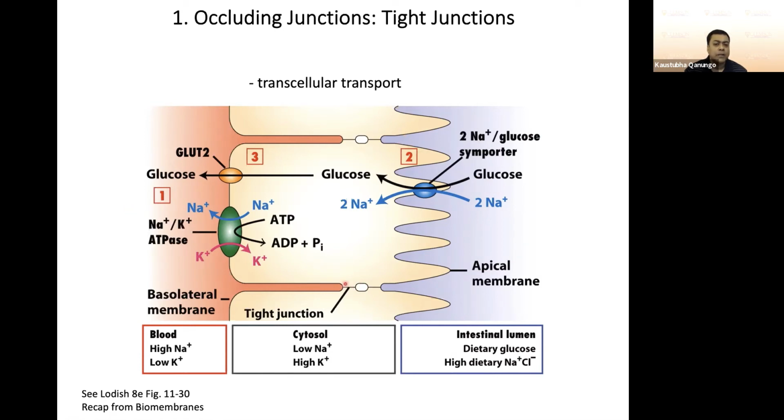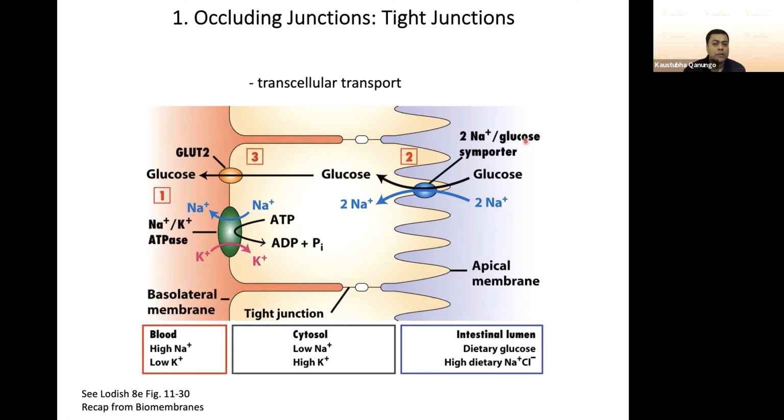But see what the tight junctions are doing. They are keeping the glucose in this intestinal lumen separate from the basolateral surface, where it is going to get delivered into the blood. And what it is doing in the middle portion is taking the glucose from low concentration and making it a higher concentration.